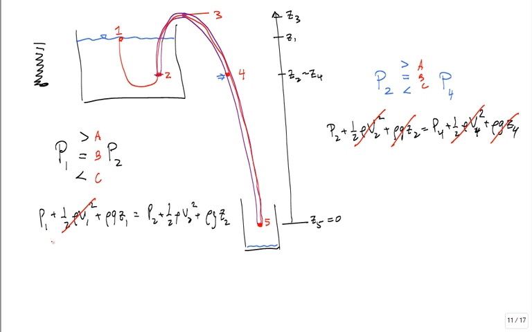This is negligible. True. And what do we have? The pressure at 1 minus the pressure at 2, plus rho g (Z1 minus Z2), is equal to 1/2 rho V2 squared.